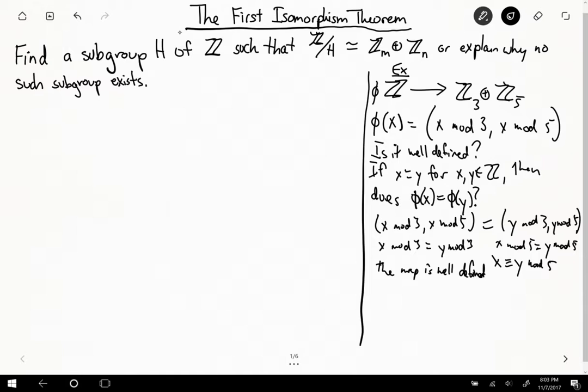Now let's try another. Let's look at phi of x plus z. I'm getting a little bit lax here, but we're dealing with an example trying to see what happens. If we have phi of x plus z, we should get x plus z mod 3 and then x plus z mod 5.